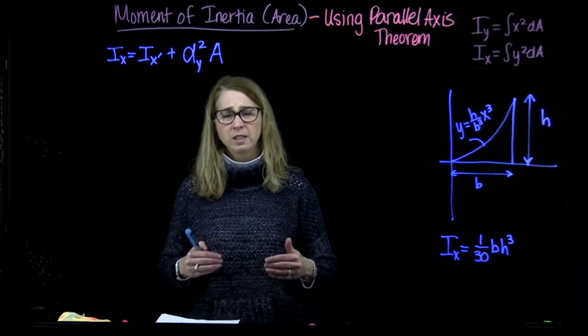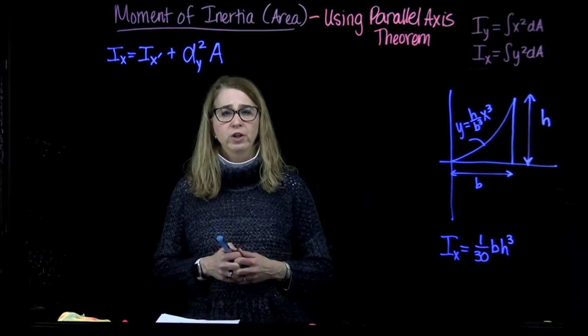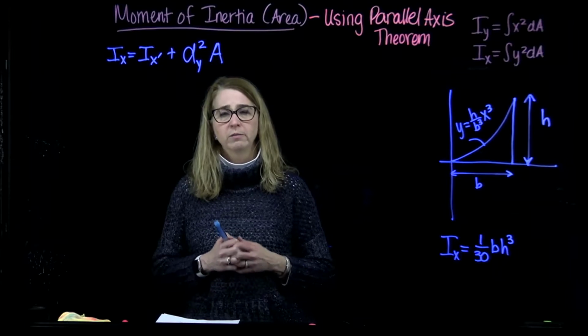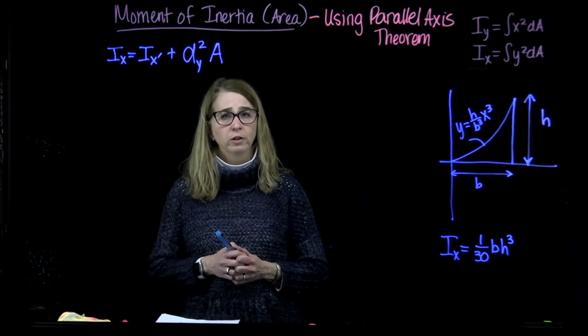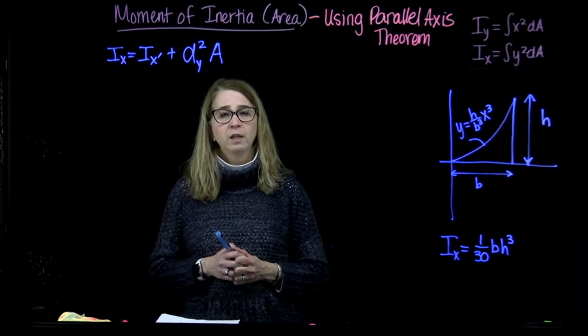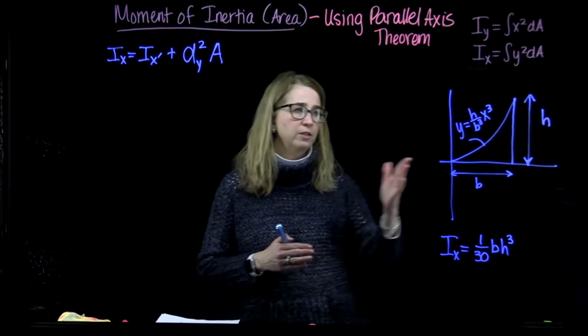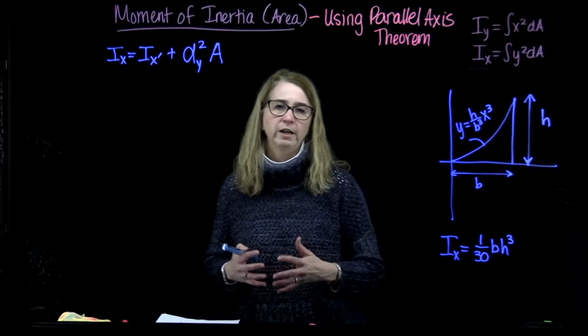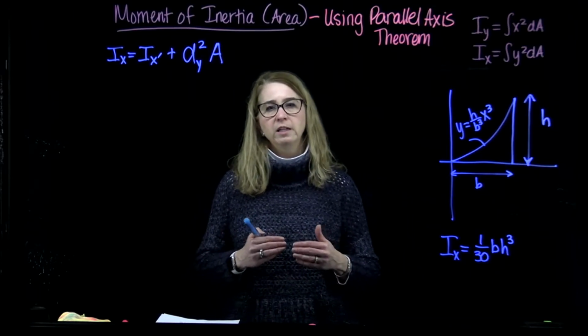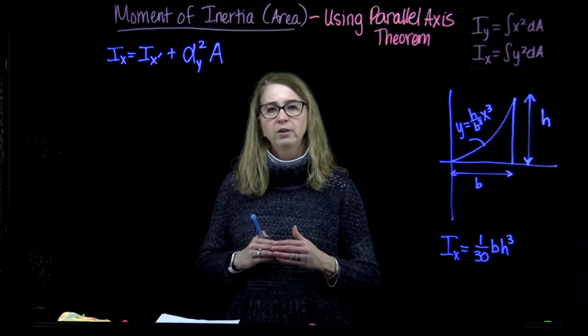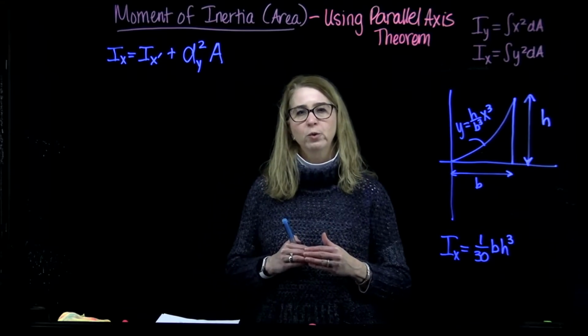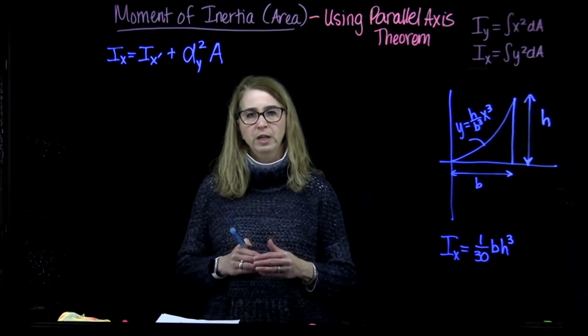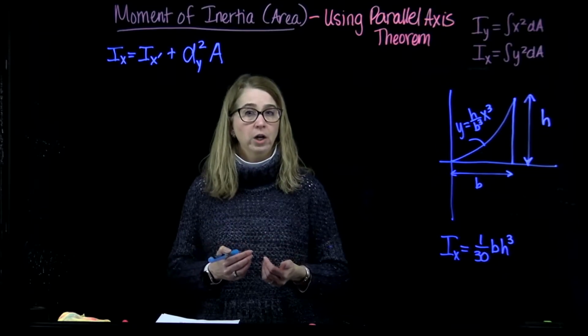Now, we talked about moments of inertia in general physics, so think back to when you did learn about the parallel axis theorem. The idea is that for this application, when we're talking about area, every area is going to have a centroid. And a lot of times the moment of inertia when the axes pass through the centroid is already known.